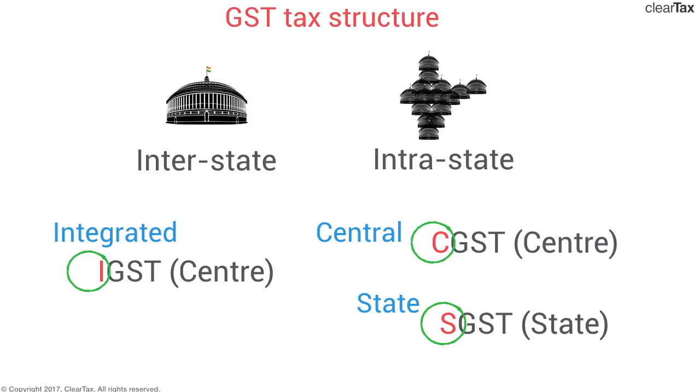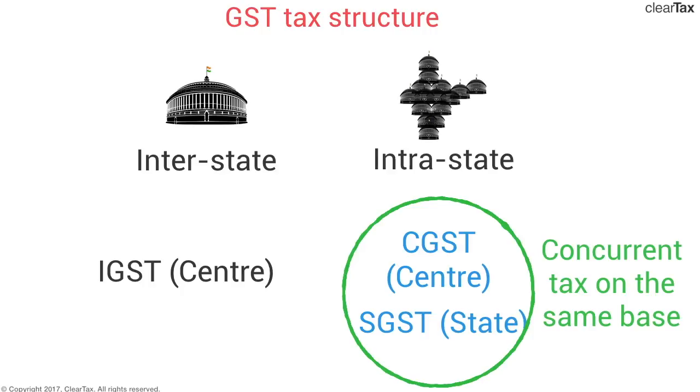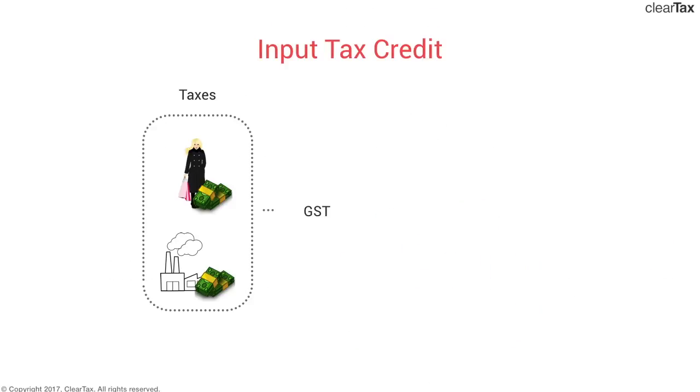Interstate purchases and sales would attract IGST, while intrastate purchases and sales would attract both CGST and SGST, because CGST and SGST are concurrent taxes on the same base. You will have to pay both the taxes on the same supplies. So this was the quick recap of the 3 tax structures.